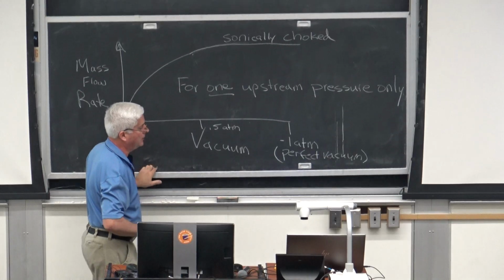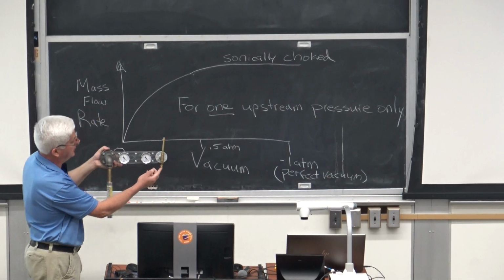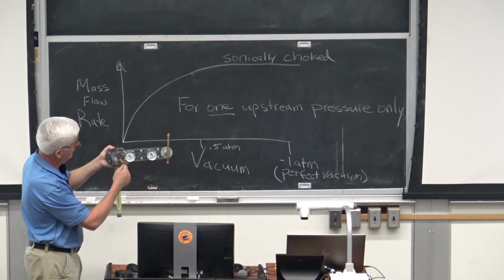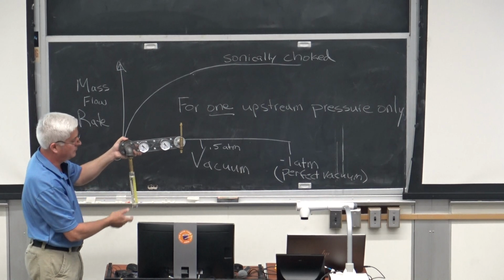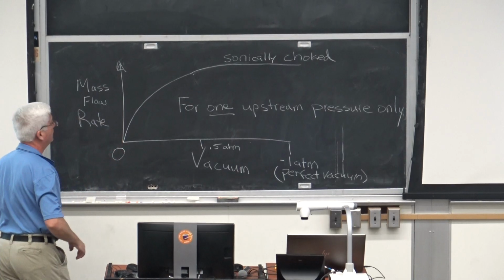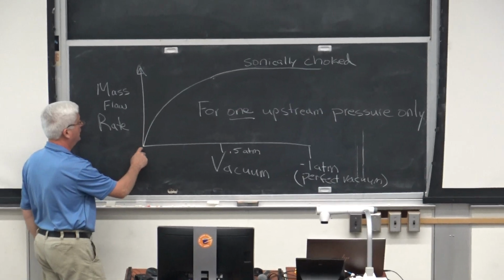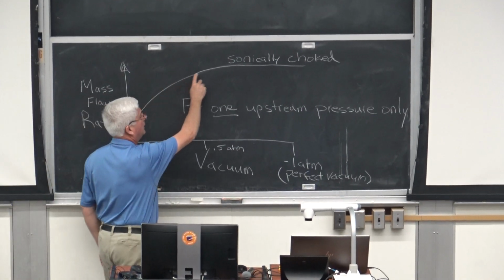Now, as I increase the mass flow rate into the eductor, my downstream pressure will go down. I have no control over the pressure up here. Okay, that's just open to atmosphere. So as I start increasing the vacuum, what you're going to see is that the mass flow rate will go up, up, up, up.